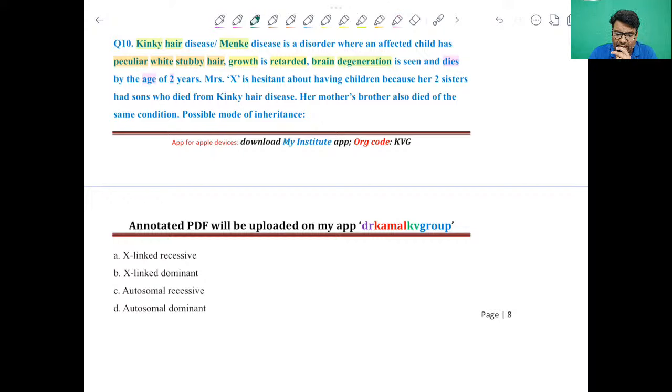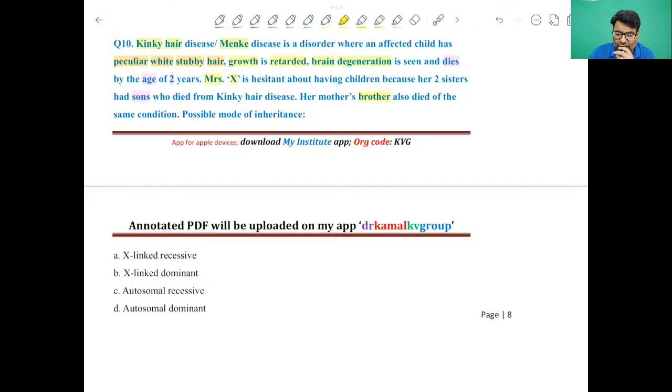Now there is a lady, Mrs. X. She is hesitant about having children because her two sisters had sons who died from this disease, and her mother's brother also died from the same condition. Now what can be the inheritance pattern here?